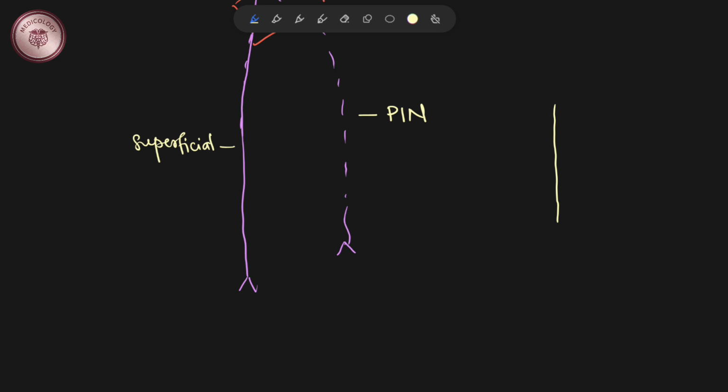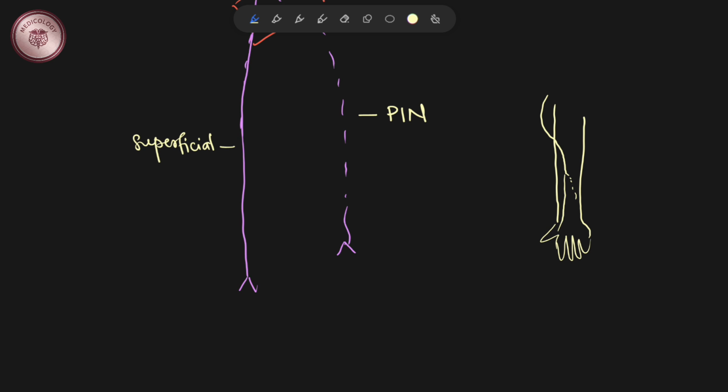This is our hand. The superficial branch is coming laterally like this. It is dividing. One will go to the posterior interosseous and one will come like this.